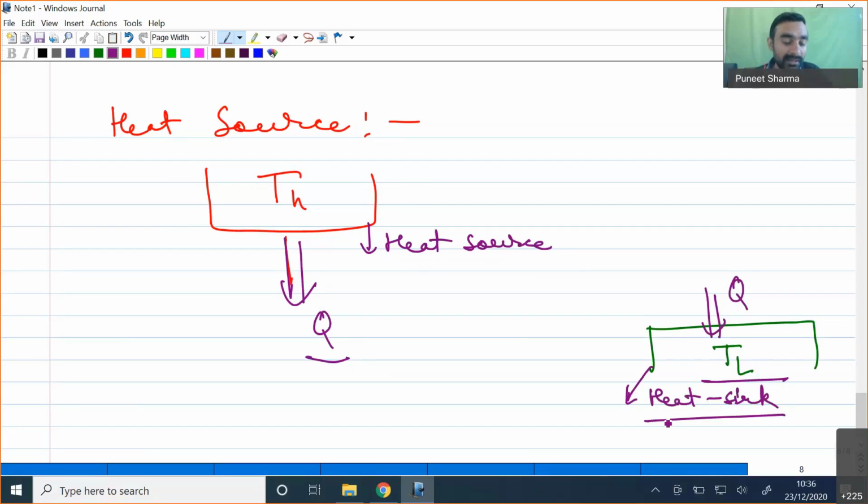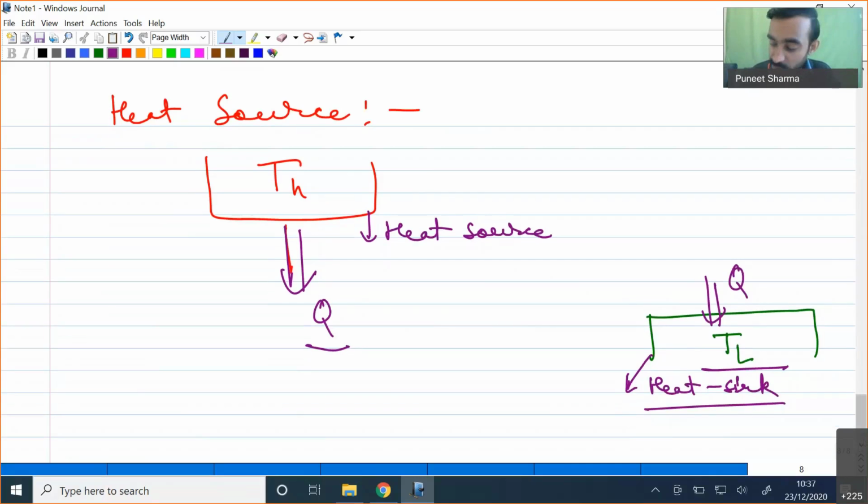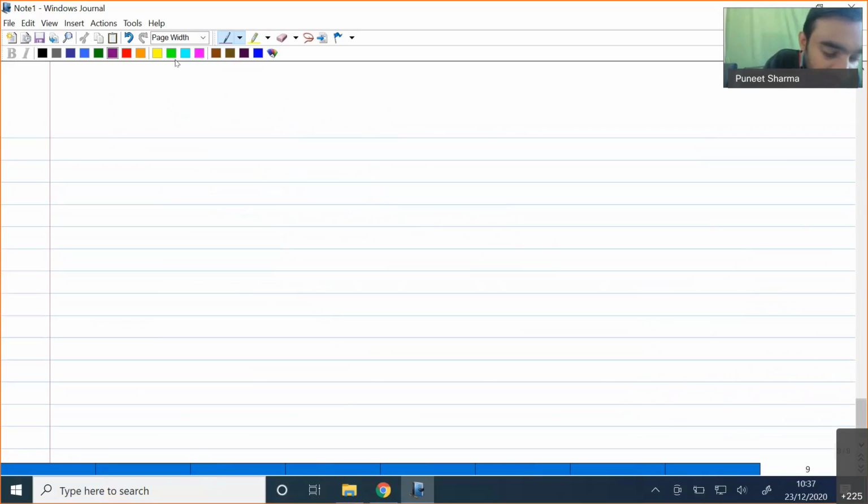So a thermal reservoir which adds the heat we call a heat source, and a thermal reservoir which absorbs the heat without changing its temperature we call a heat sink.